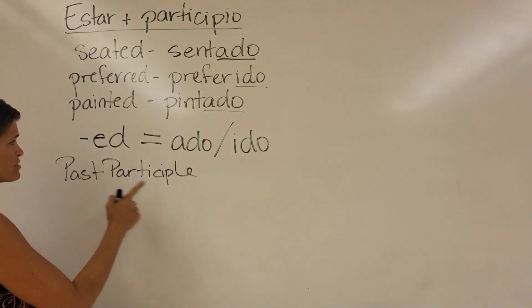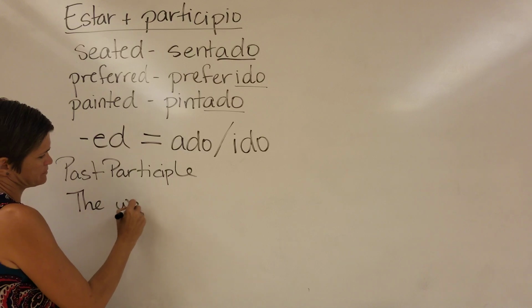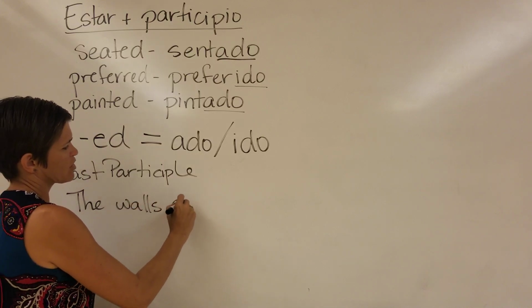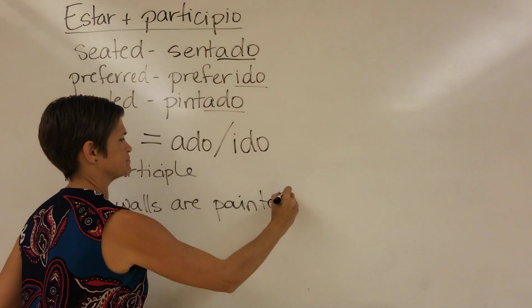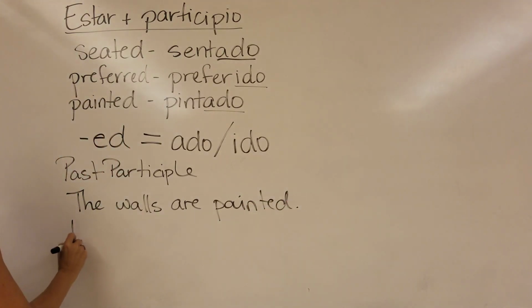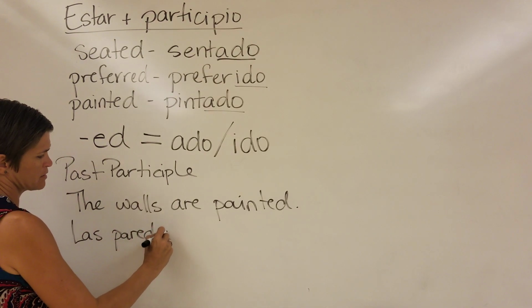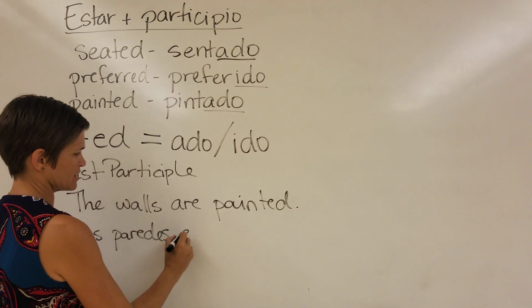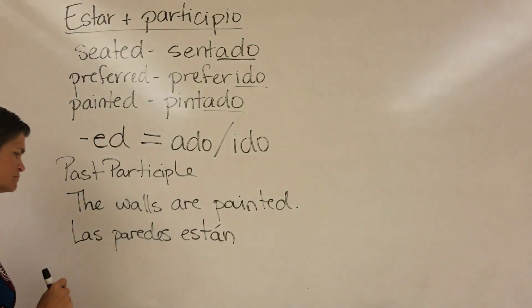We need to remember when we use these, though, if we're going to say that the walls are painted, and we're talking about las paredes están, this is their situation.